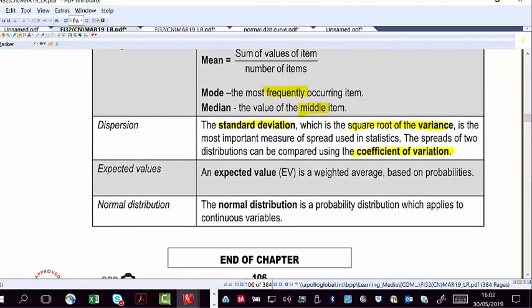An expected value is a weighted average based on probabilities. And remember, you take the sum of the probability multiplied by the outcome. We finished the chapter by looking at normal distributions, and it's important that you're able to explain the properties of normal distribution and be able to interpret normal distribution graphs and tables. All of the areas covered in Chapter 4.b could appear in Section A of the exam as an objective testing question.